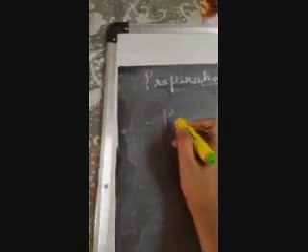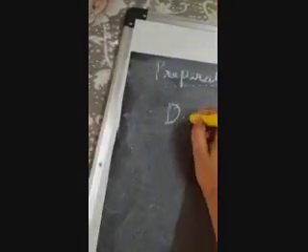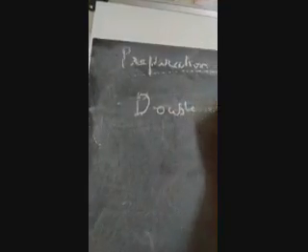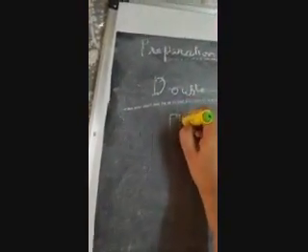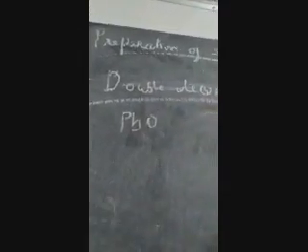So first we will start with the double decomposition reaction. For that we will start with lead. We are preparing PbCl2, which is insoluble.